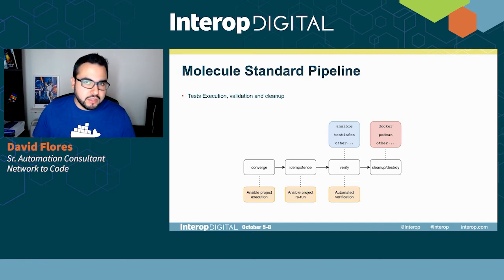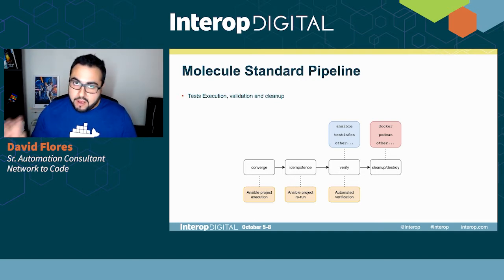This is where the action is. The converge is the phase where you run your Ansible playbooks against the virtual instances. The idempotence phase is basically going to rerun the project again, and it's going to check each task to see if it's idempotent. If one of those is not an idempotent task, then it's going to fail.